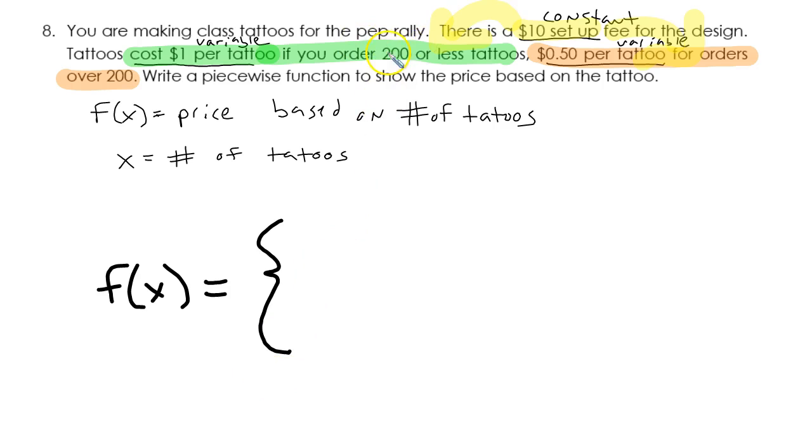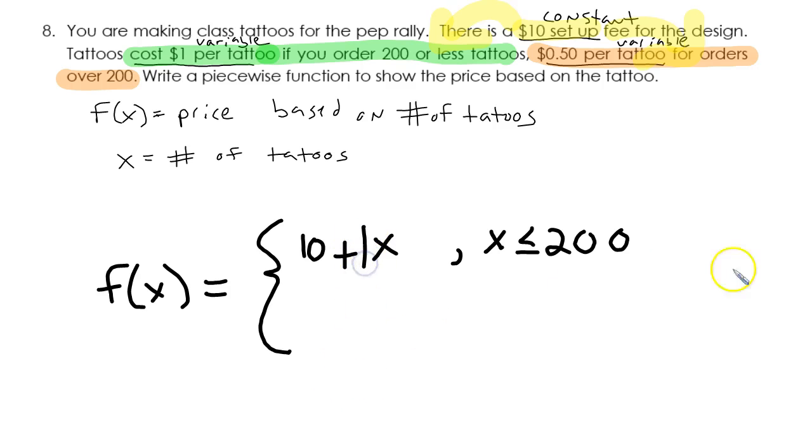So if I order 200 or less, that is x less than or equal to 200, it is going to cost me that setup fee of $10 plus $1 times the number of tattoos. $1 times x, which is just x, 1x or x. If you put a 1 there, it's okay, not a big deal. The $10 is always going to be part of the cost. For every tattoo, it's going to be $1.